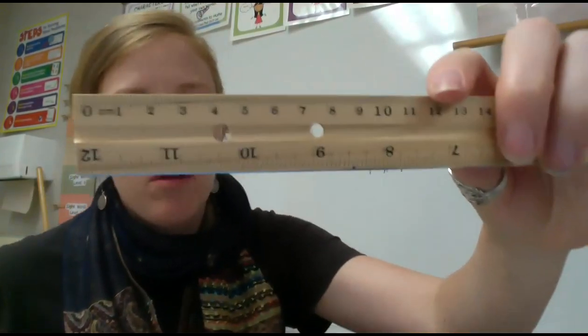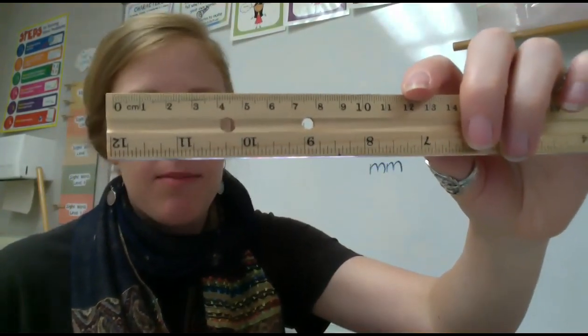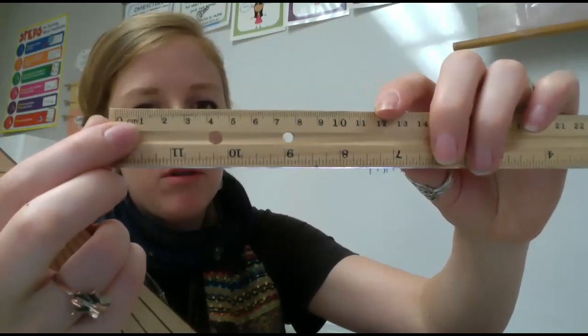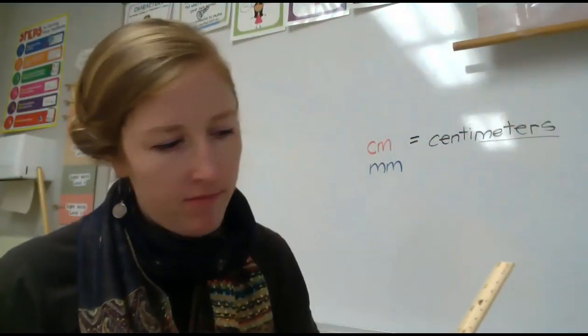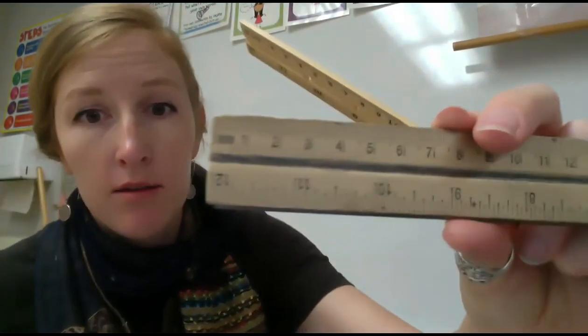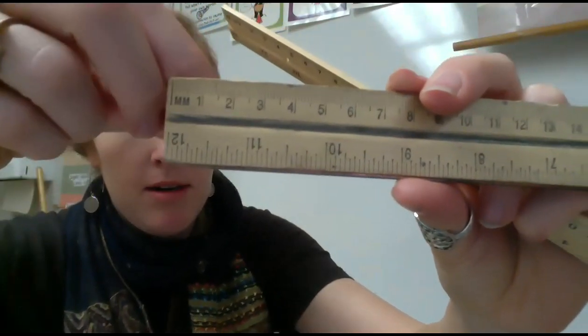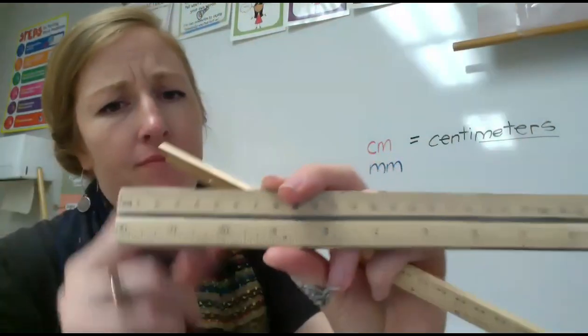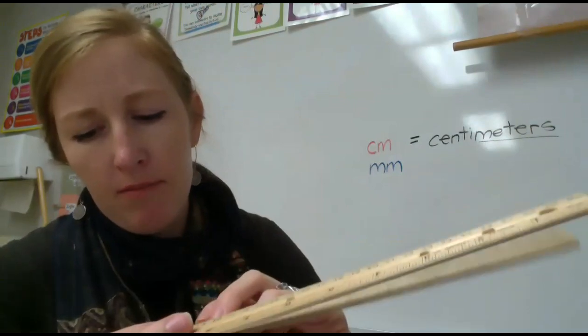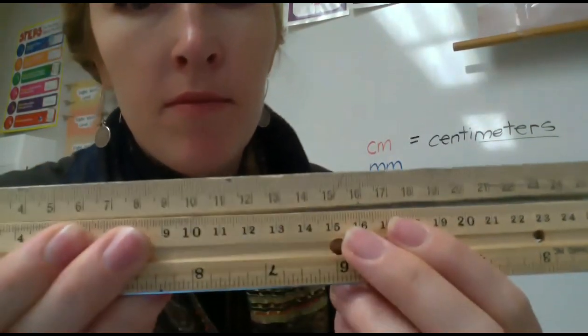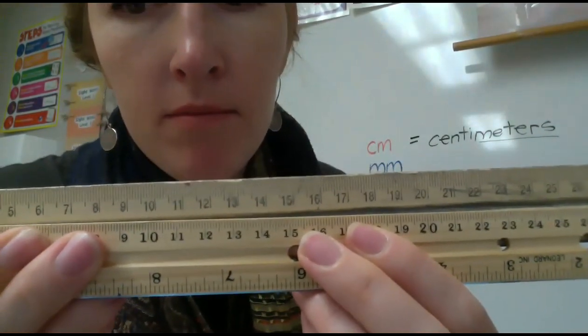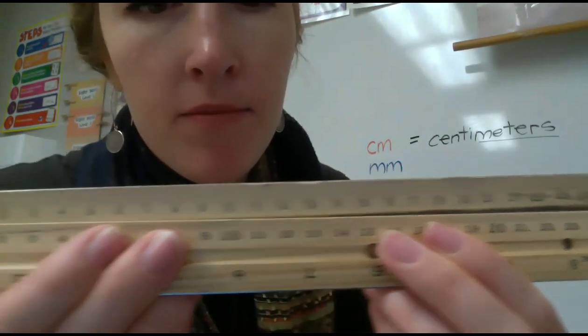And one thing that confuses a lot of people is that some rulers say centimeter and others, like this one, don't say centimeter, they say mm. But if you look at them, they're the same, right? The numbers line up.